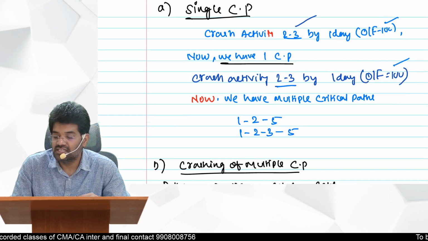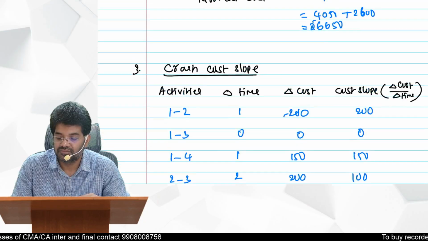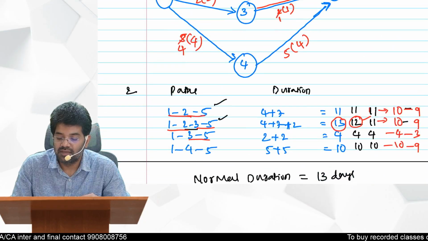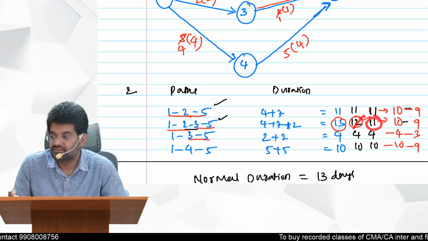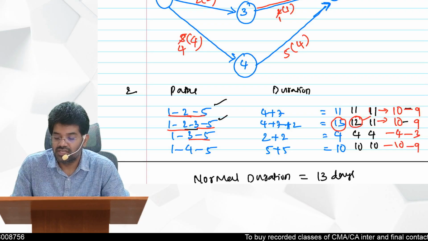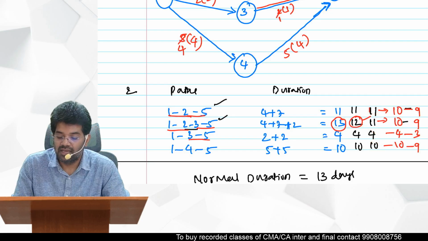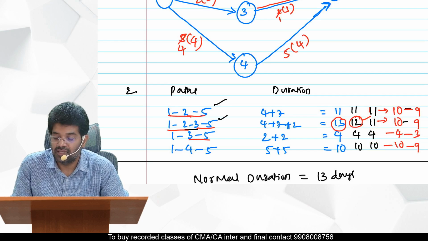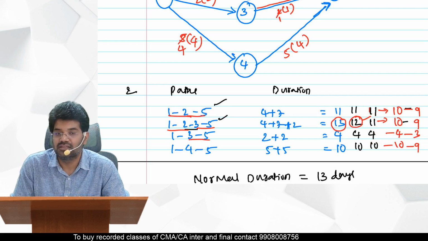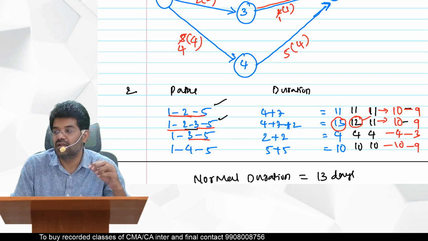After crashing 2 to 3 by 1 more day, this will become 11, and the remaining have no change: 11, 4, 10. Now this one is also a critical path, and this one is also a critical path. Now you are getting multiple critical paths.